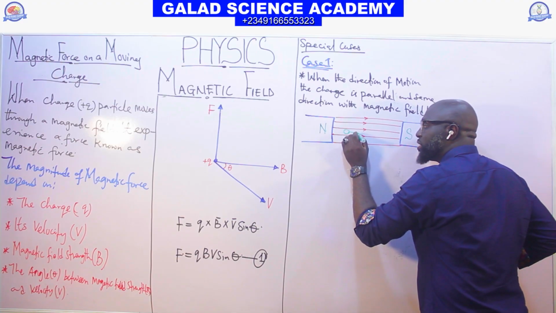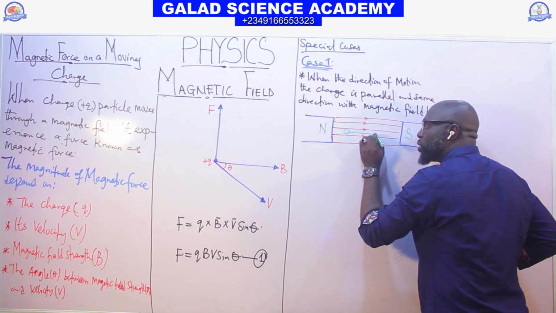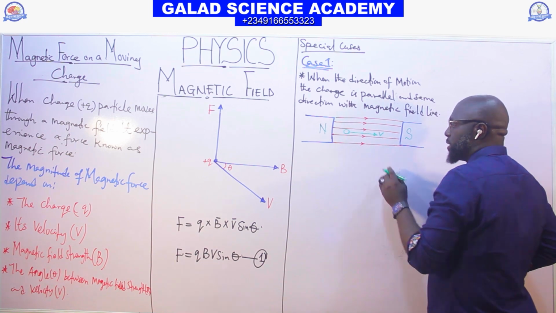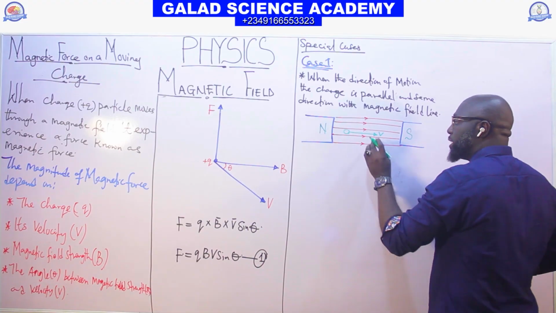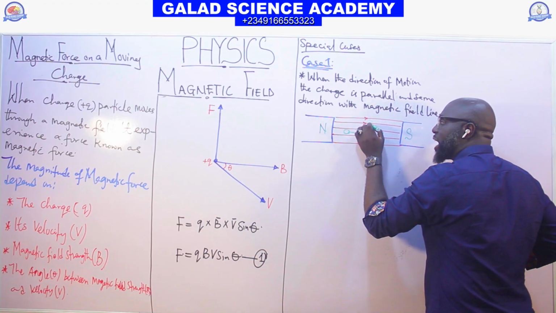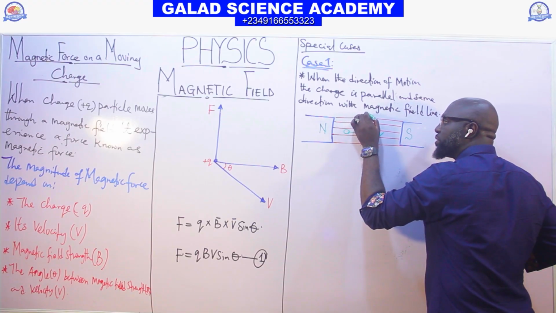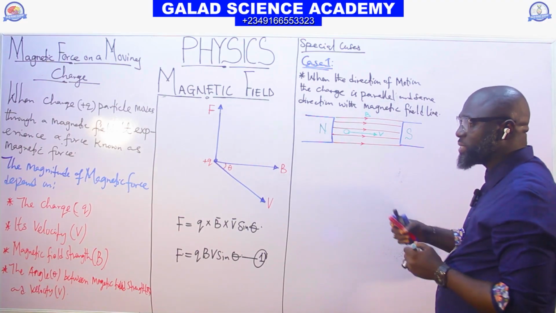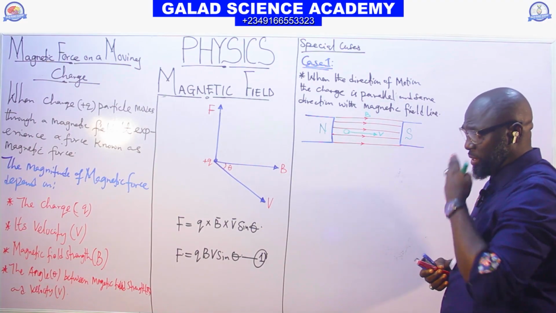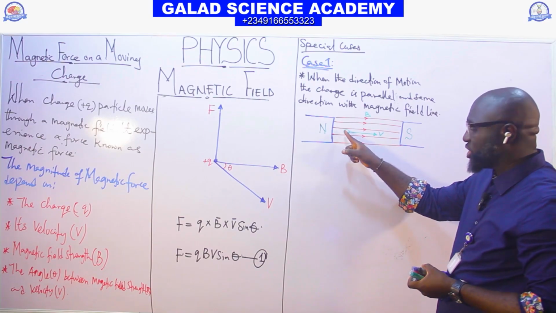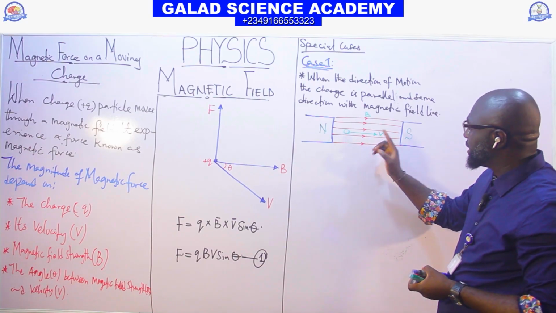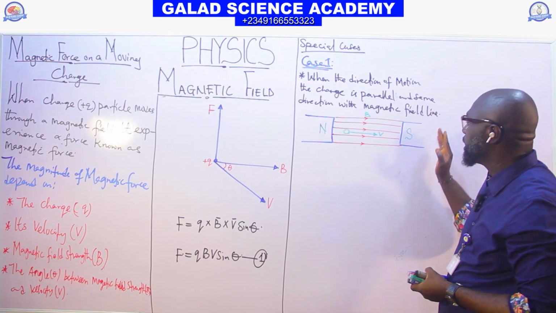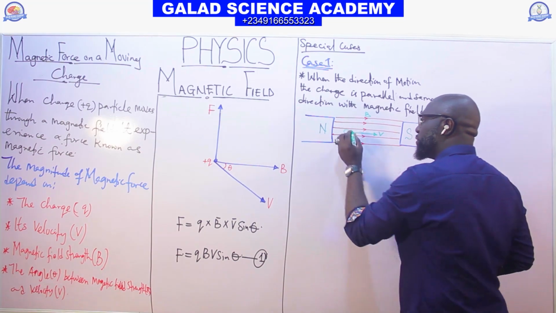So if this charge travels in the same direction, this is the velocity V, this is the direction of the magnetic field in this line. You can observe that the charge here is in the same direction as the magnetic field.